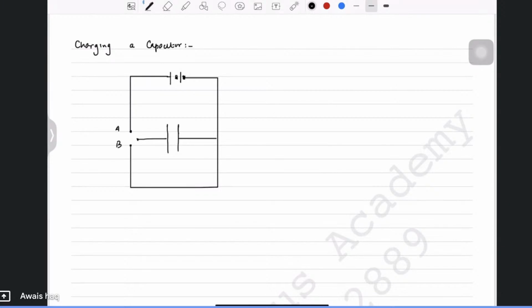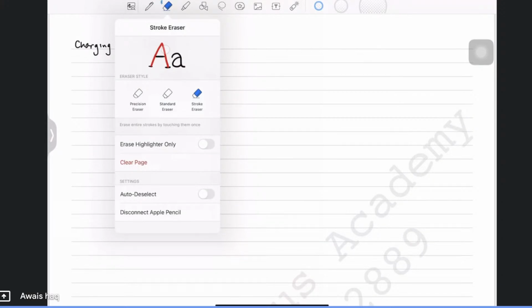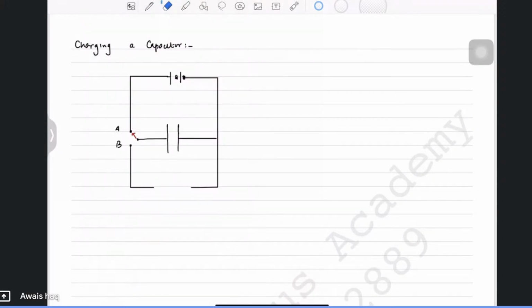So a charging state would be when it is connected to A like this. Okay, and obviously let me just remove this and put a resistor here. Okay, R, the capacitance.